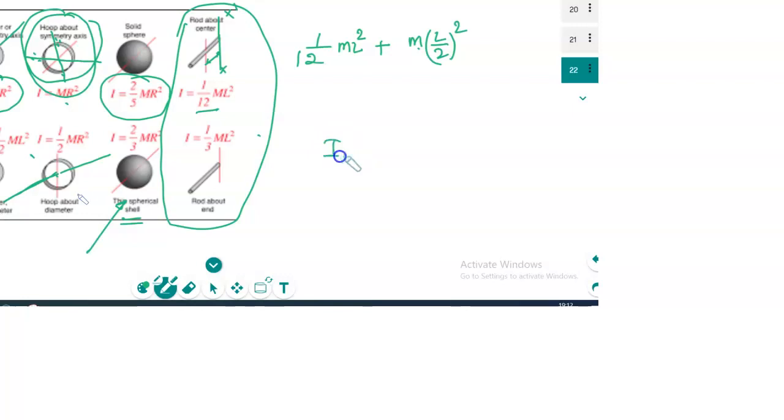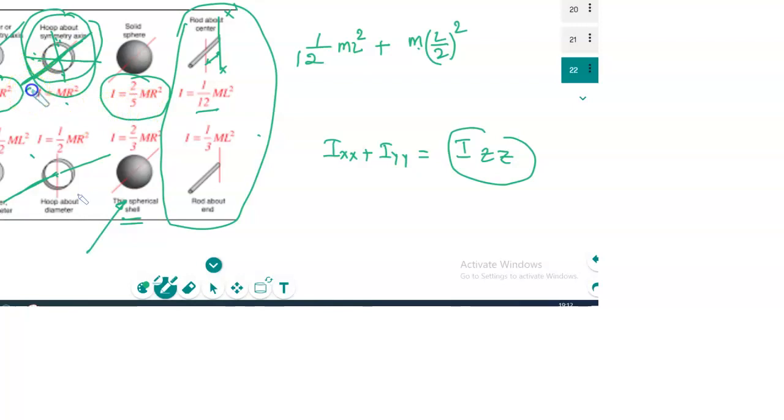Ixx plus Iyy is equal to Izz. Am I right or not? So we have used this formula here. So how is it going to come? Iyy, no, mr square. Izz is mr square, the axis of the hoop. This one.